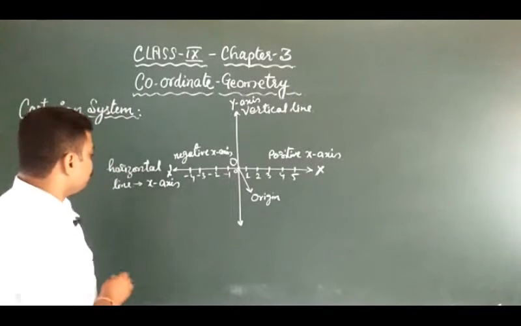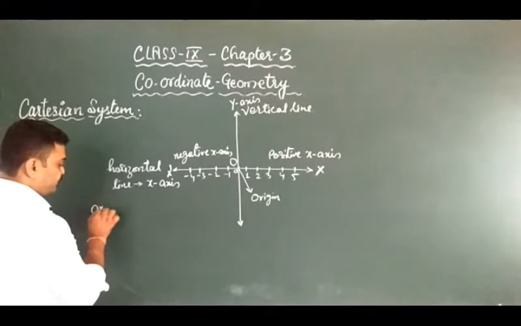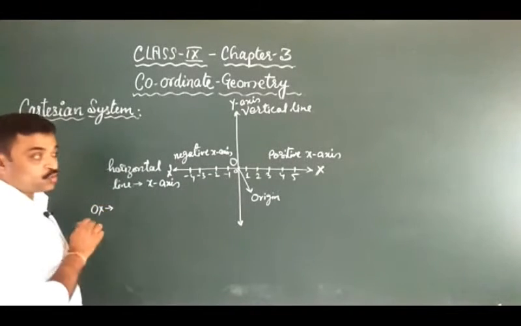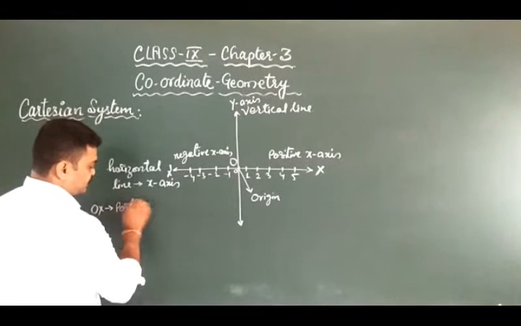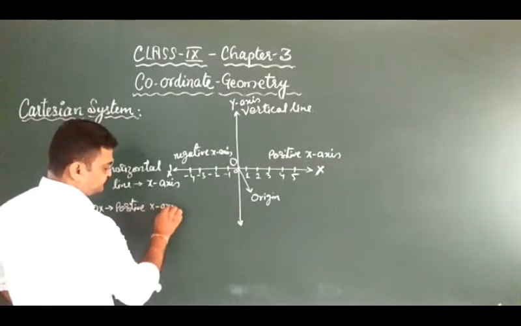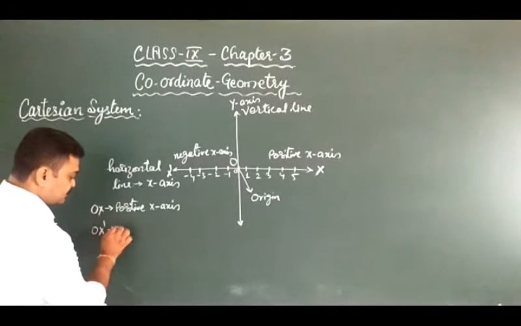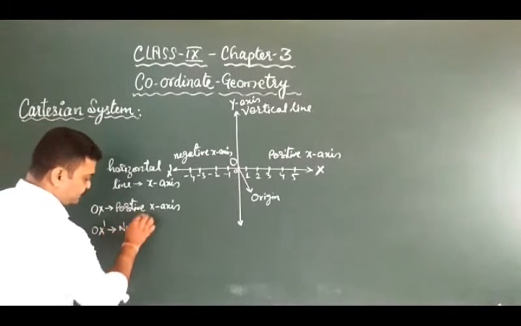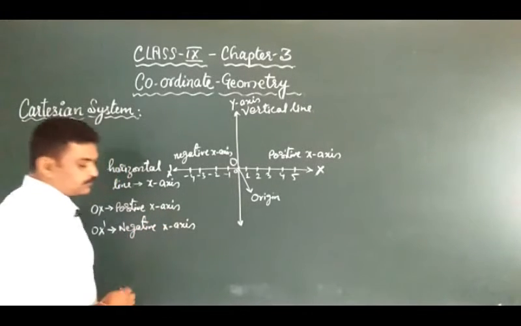Clear? So we can write here OX. OX is positive x-axis and OX dash is negative x-axis. Clear?